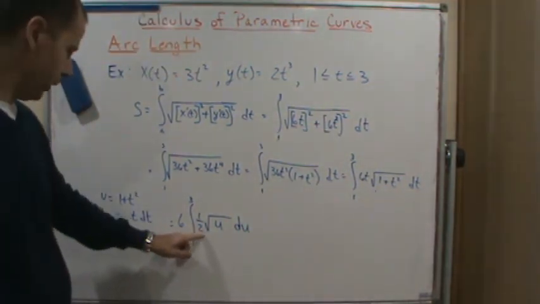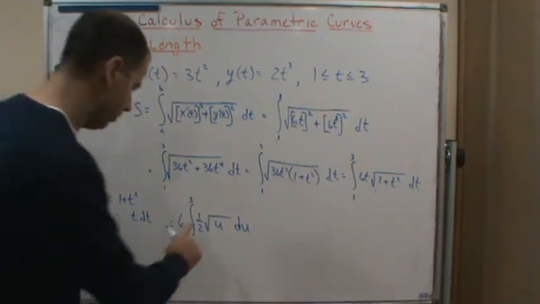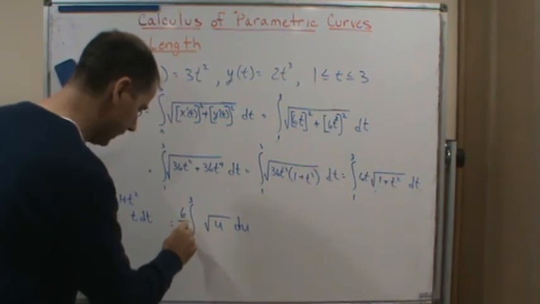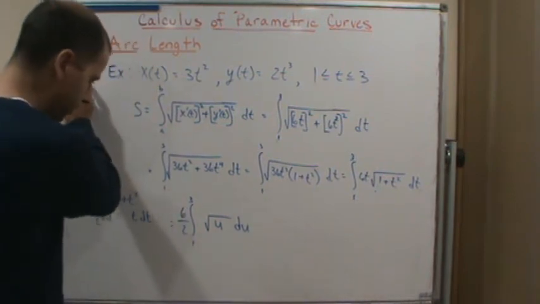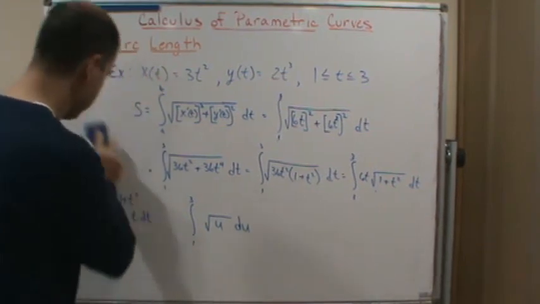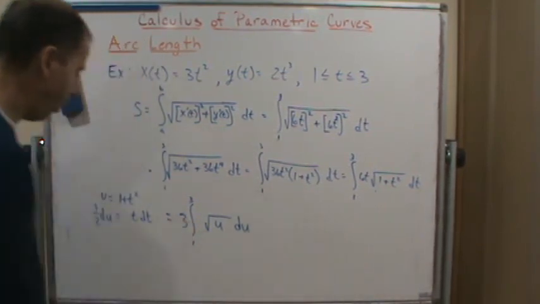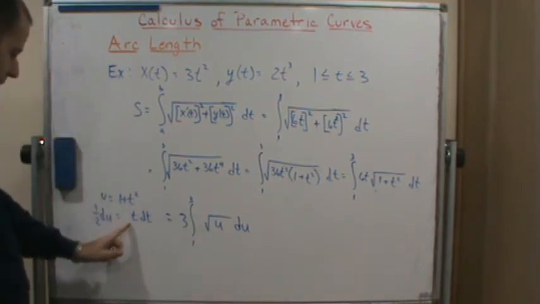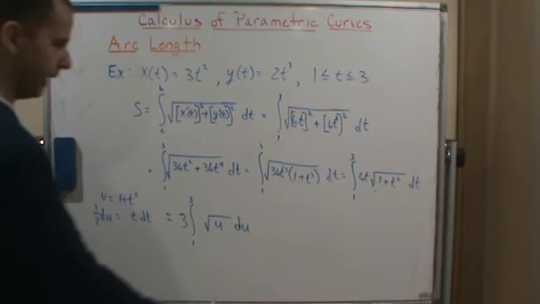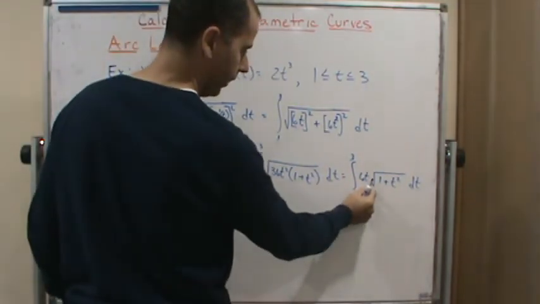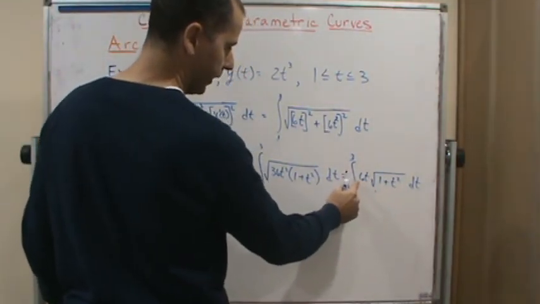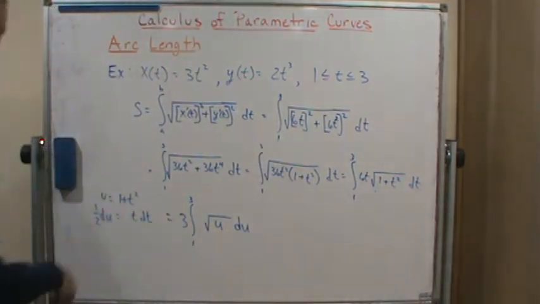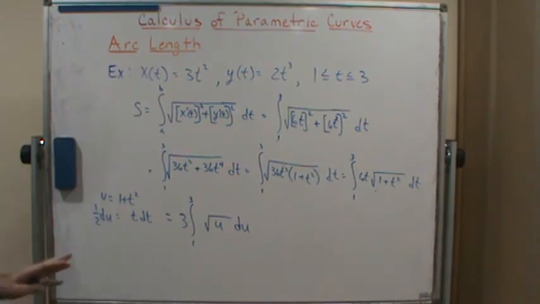And then if I pull the 1/2 out, I get 6 divided by 2, which is just going to give me 3. Or I could leave du equal to 2t dt, and say, hey, there's 3 of those in here, so I can write this as 3 times 2t dt, and I get the same result. Either way is fine.